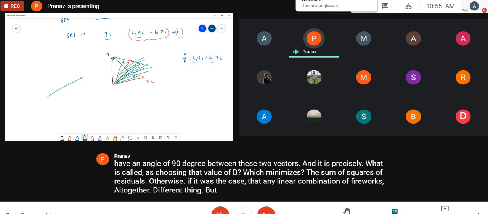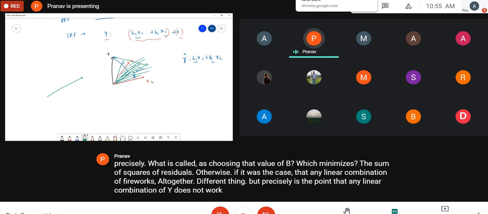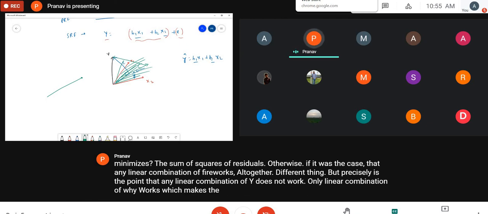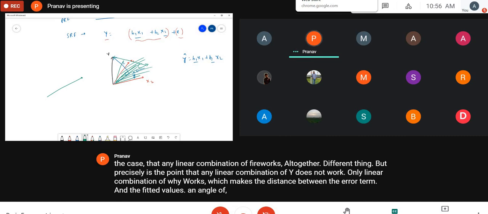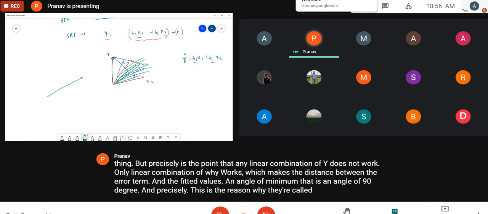But precisely the point is that any linear combination of y does not work. Only that linear combination of y works which makes the angle between the error term and the fitted values 90 degree, that is, the minimum distance. And precisely this is the reason why they are called normal equations.